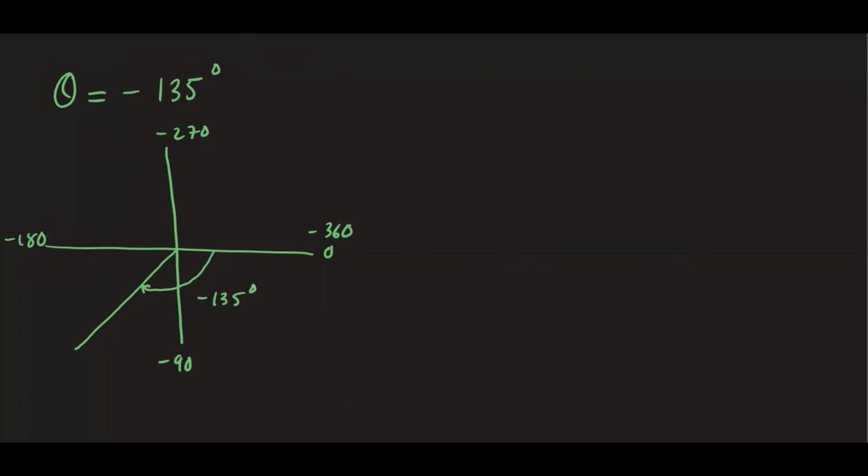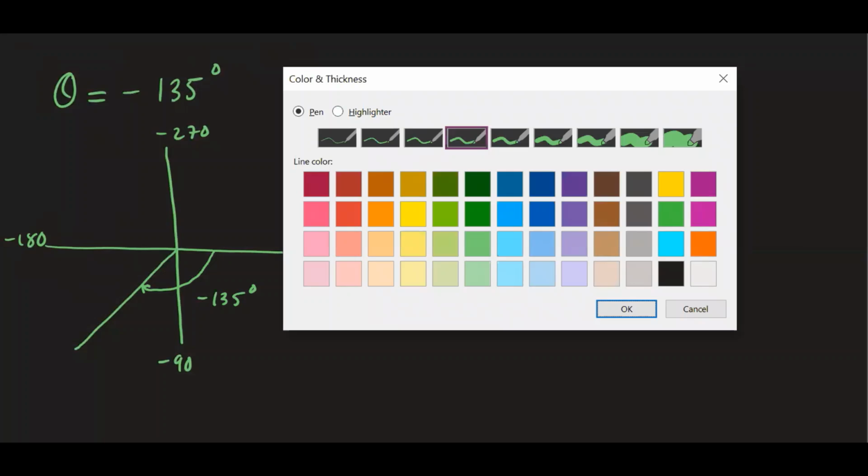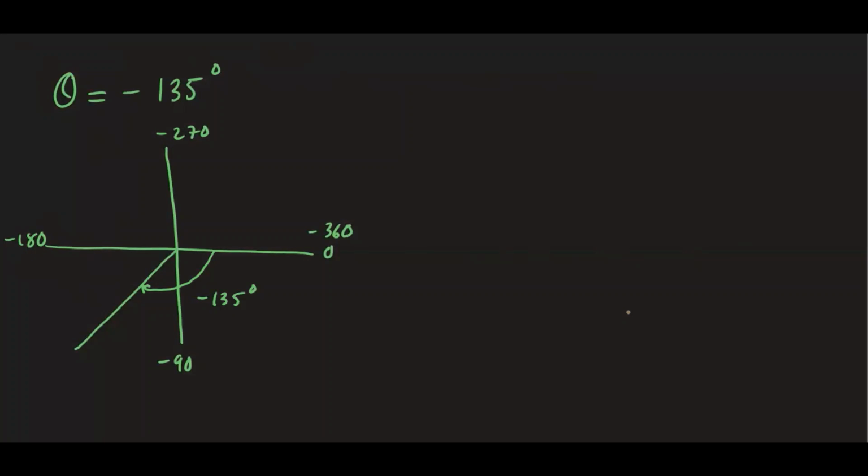Now, because it's a negative angle, we can actually find its coterminal angle, which we talked about earlier, and then look for the reference angle. Or you can just think mentally that this piece is the reference angle. You can say that it's the bottom half of the circle, so if I just do 180 minus 135, I get the piece. But what if you want to show all the work? So here's method 1.